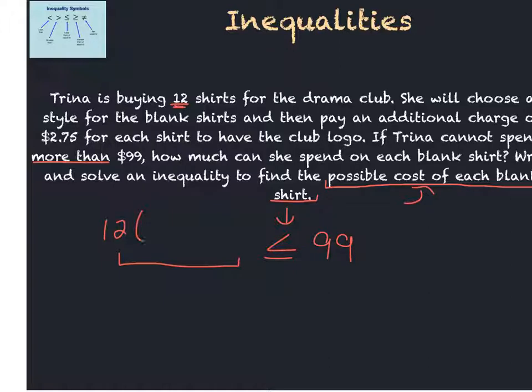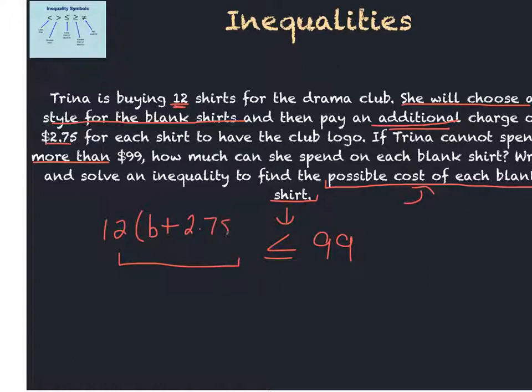But we're not just going to multiply by whatever price the blank shirt is, because if you read the second sentence, it says she will choose a style for the blank shirts, right? So that's the cost of the blank shirts. We'll use B. She will choose a style for the blank shirts, and then pay an additional charge. She's paying an additional charge that's going to be plus $2.75 for each shirt.